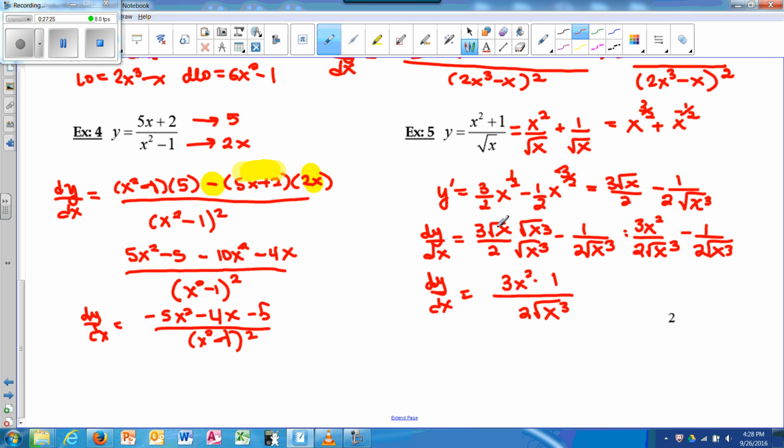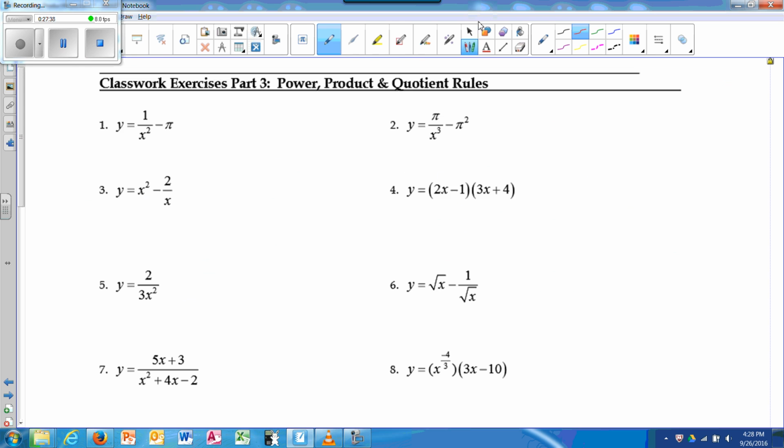So then my numerator would be 3x squared minus 1, and the denominator would be a combined 2 square root of x cubed. But most of the time, you're going to be able to leave that answer just like this.